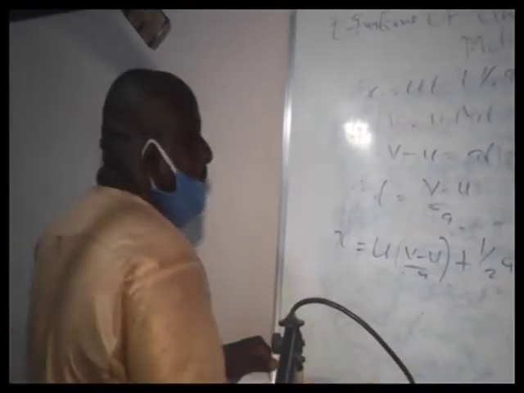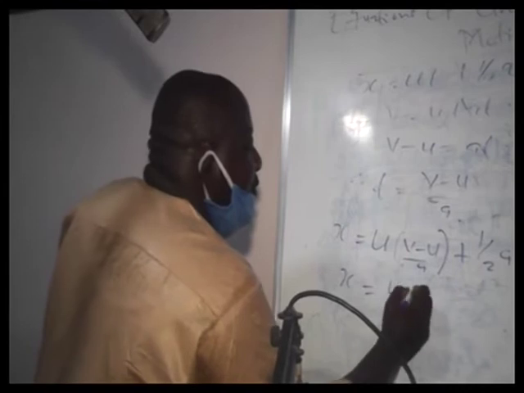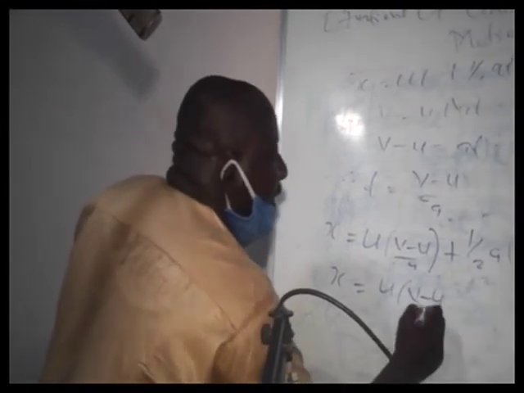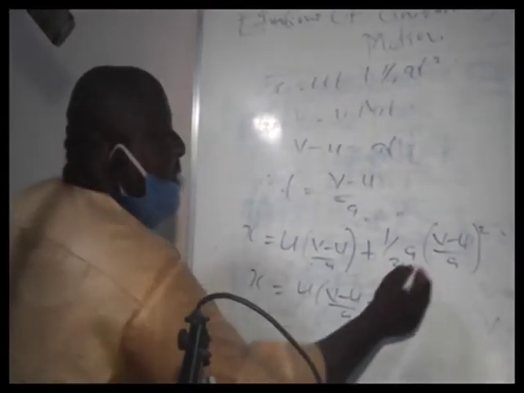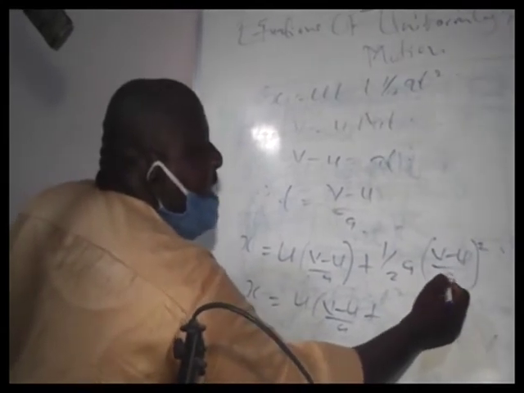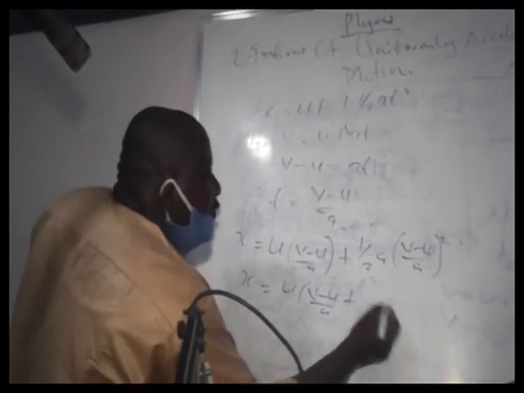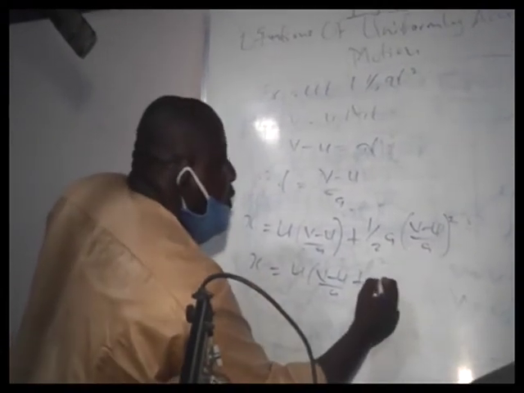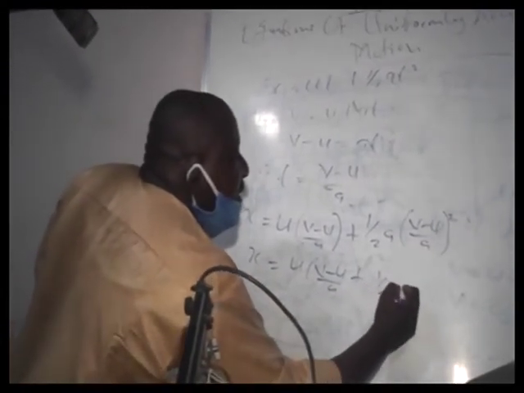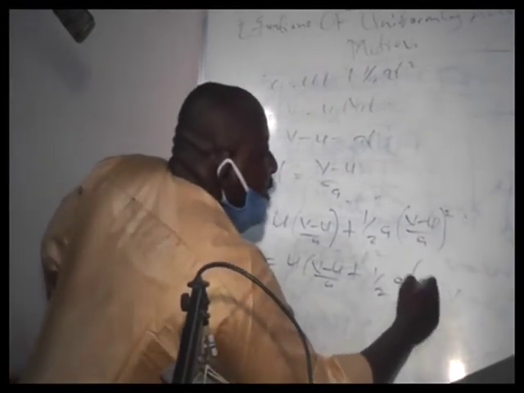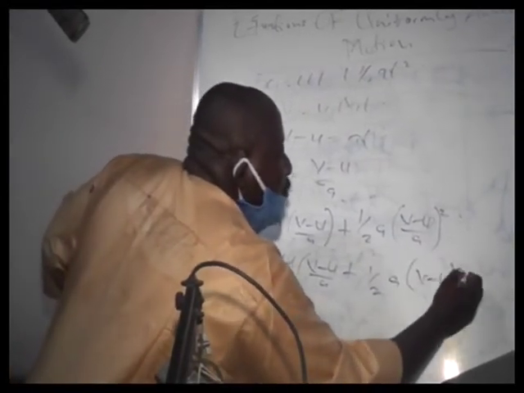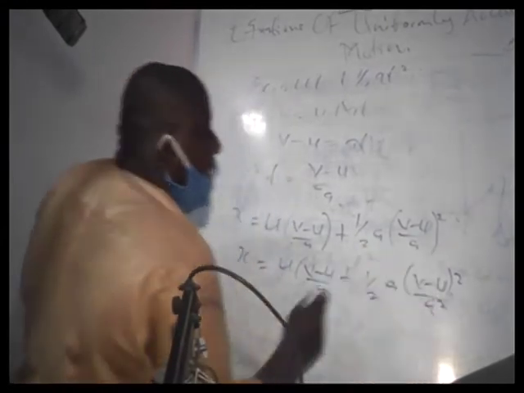Now we move ahead. X now will be equal to u times v minus u all over a, plus, if you look at this, we are squaring a. This a will be squared, since v minus u is also squared. When you square it, you have half a into v minus u squared all over a squared.